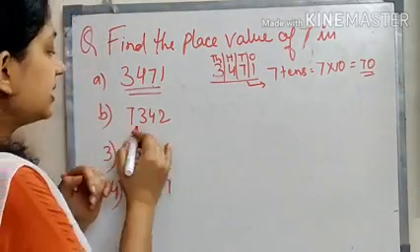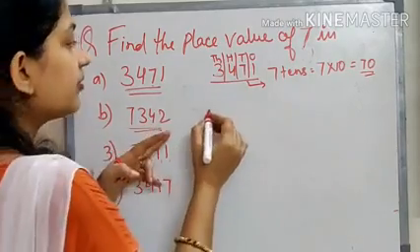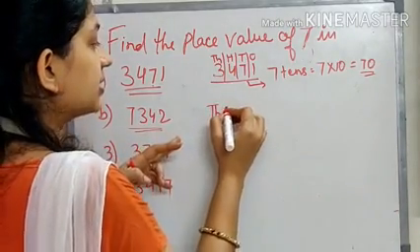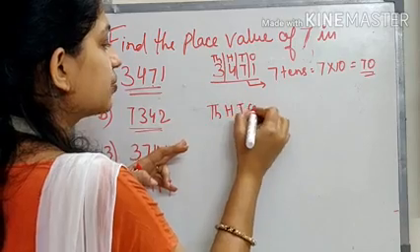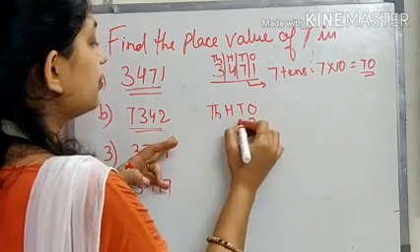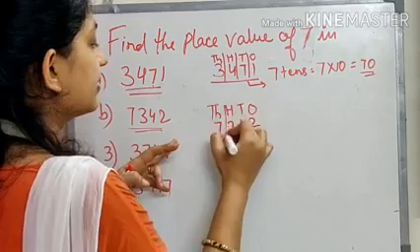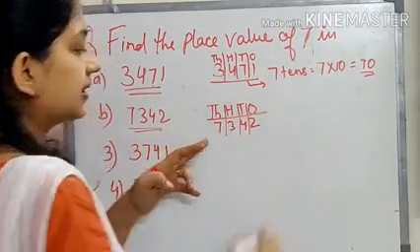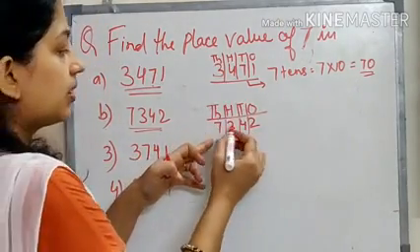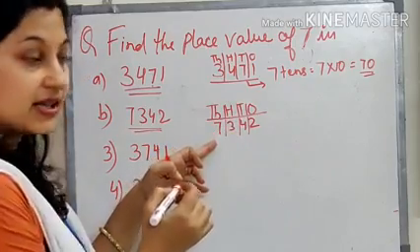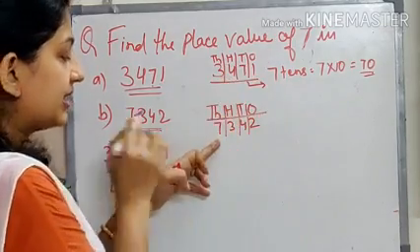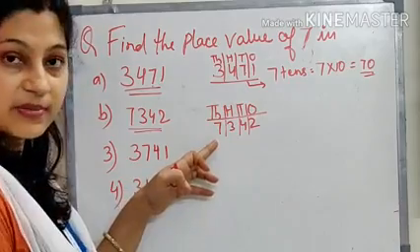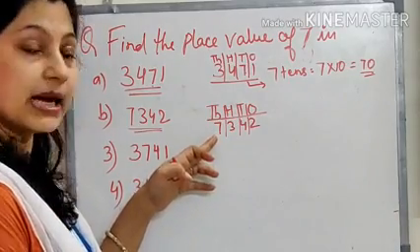Okay. Now see this number. Again, same step: 1000, 100, tens, ones. So 2, 4, 3, 7. In the previous case 7 was placed in the tens place, and in this case it is placed in the thousands place.